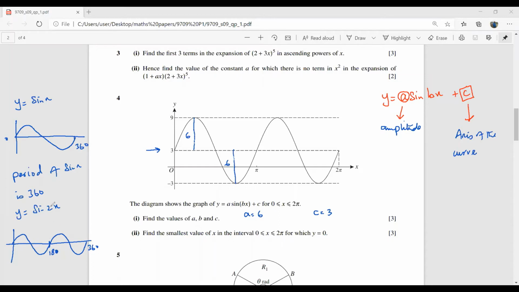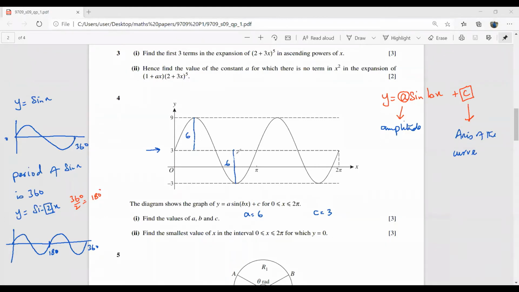So we link it with the coefficient of x over here. If you have 2x, there will be two wavelengths. If there is 3, there will be 3 wavelengths. So this 2 tells us how to determine the period of this function. 360 over 2 gives us the period, which is 180 degrees in this case.